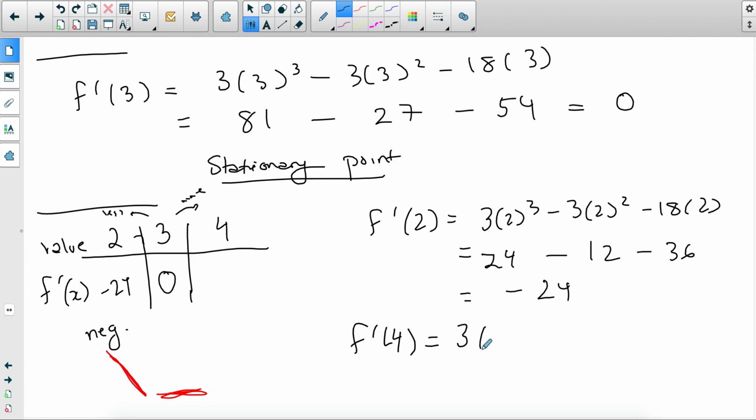You have 3 times 4 to the power of 3 minus 3 times 4 squared, and then minus 18 times 4. And this should give you a positive answer.